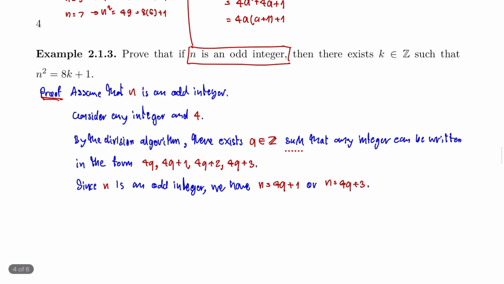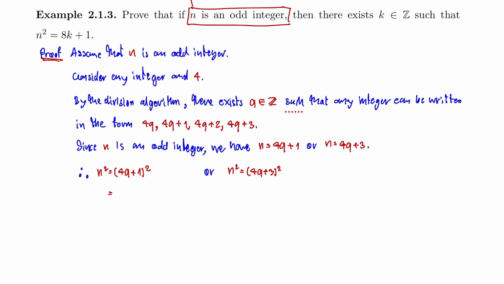And then what do we have? There will be two cases, right? I'm going to expand n squared when n equals 4q plus 1 and n squared when n equals 4q plus 3. So we start from n squared equals 4q plus 1 squared, or on the right side, n squared equals 4q plus 3 squared.